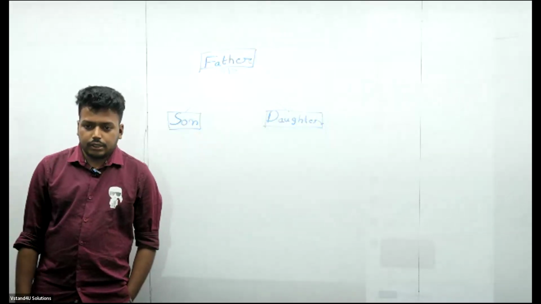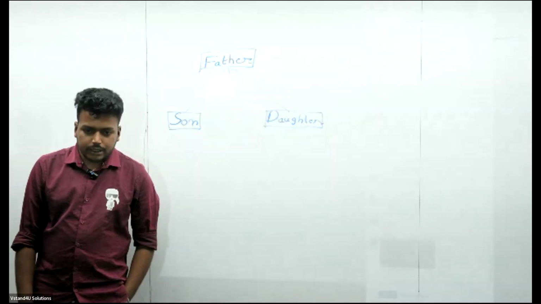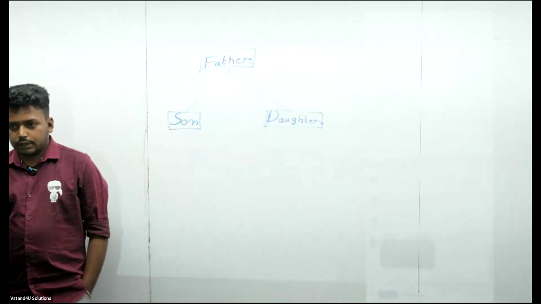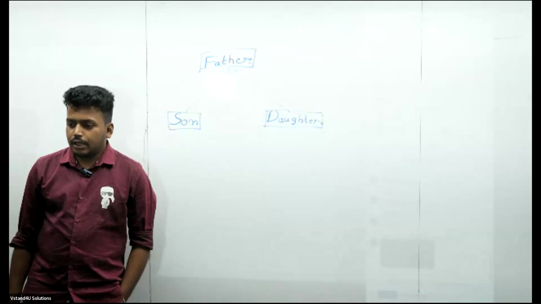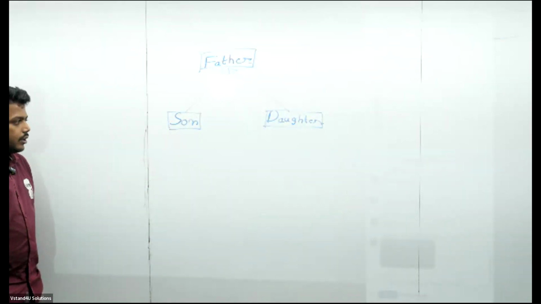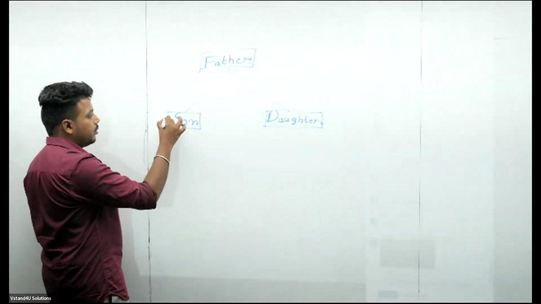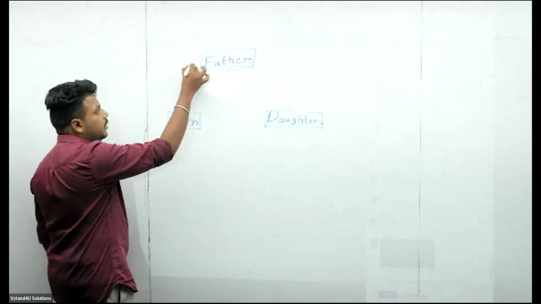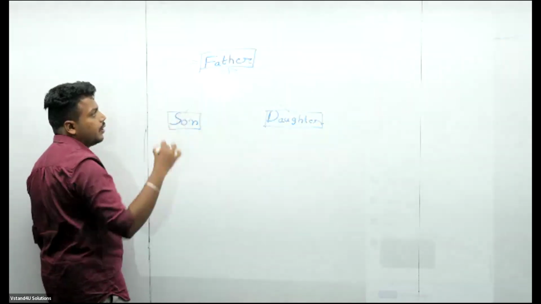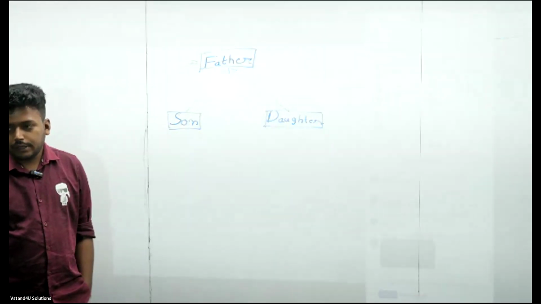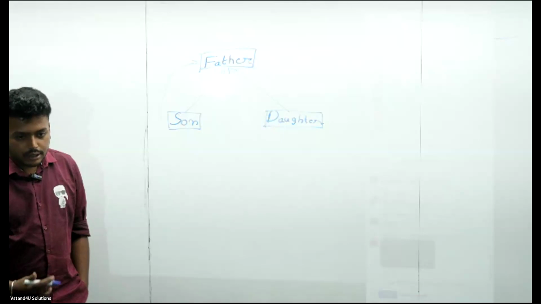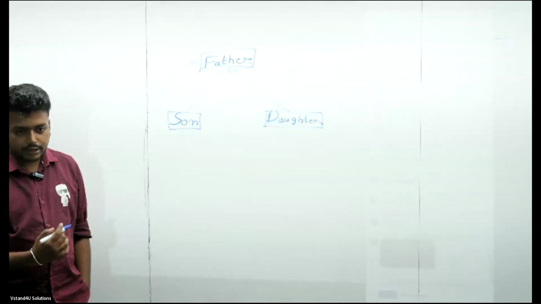Whenever I create the object of the subclass and give the reference of the superclass to it, that is nothing but upcasting. Now assume the son is upcasted to the father. Son is upcasted to the father.